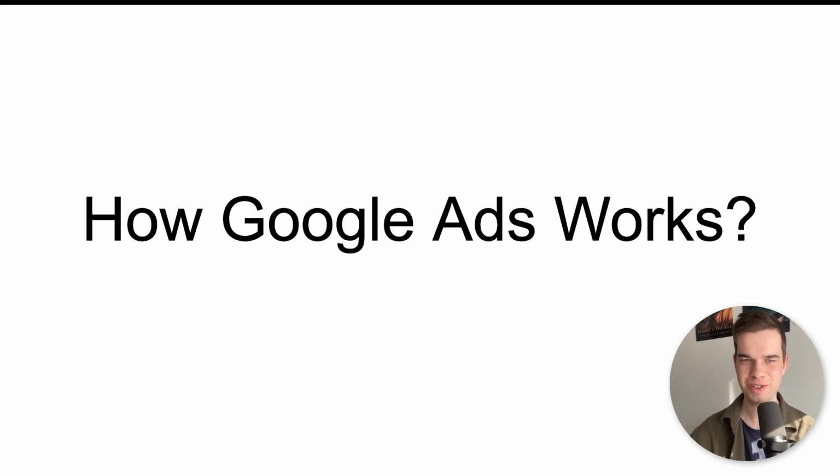But if you want to learn a little bit more and see under the curtain of how everything is done, continue on with this video and I will show you. So before we get into how exactly everything works, I just want to give you an overview of how Google Ads works. I think it's important to understand it, to see how our system works.